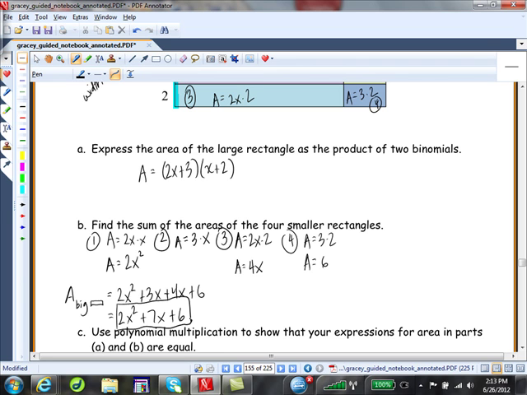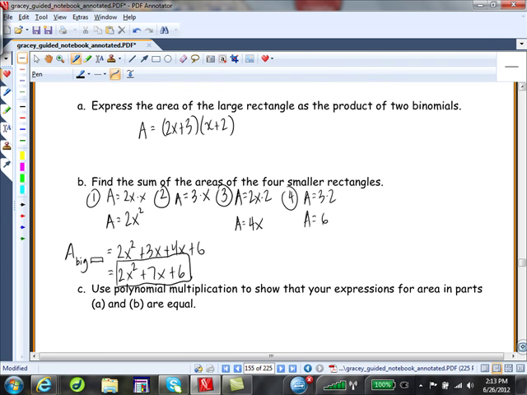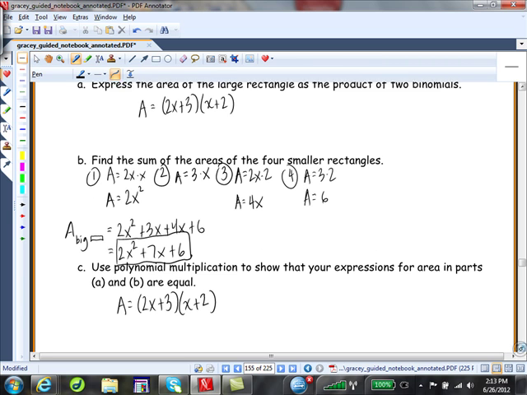So now our job is to use polynomial multiplication to show that the expressions for part A and B are equal. So we have to take this area and show that we get 2x squared plus 7x plus 6.